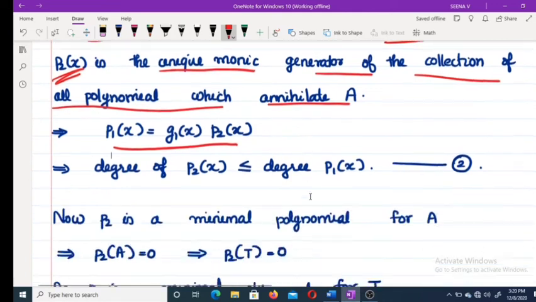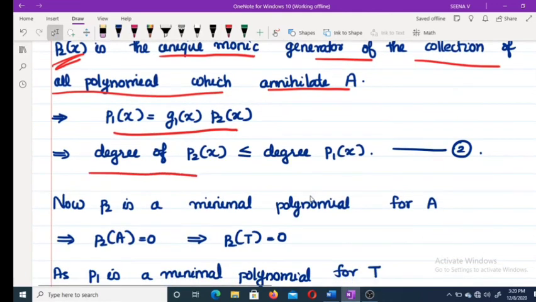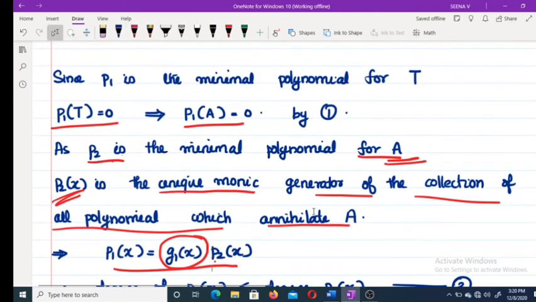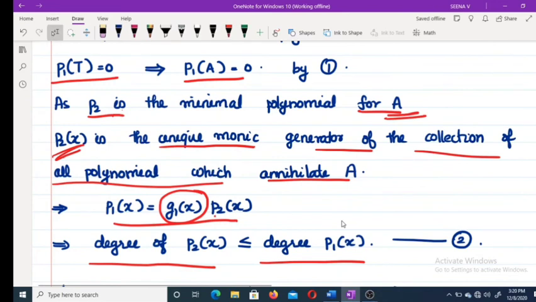Therefore, the degree of p2(x) is clearly less than or equal to the degree of p1(x), because p1(x) equals g1(x) times p2(x). Okay, here g1(x) is another polynomial. Hope it is clear: p1(T) equal to 0 implies p1(A) equal to 0.